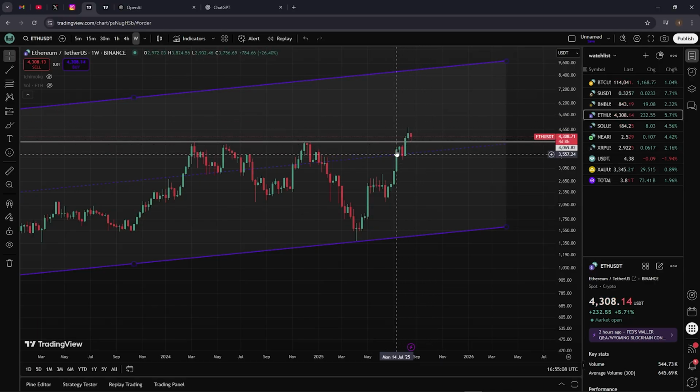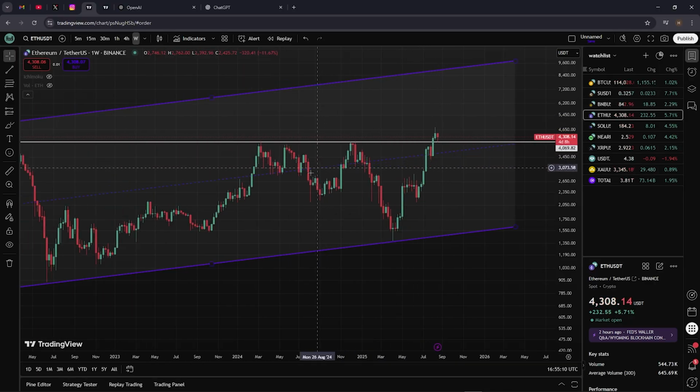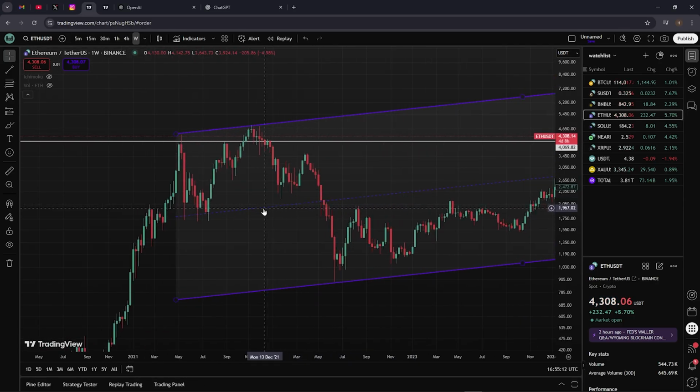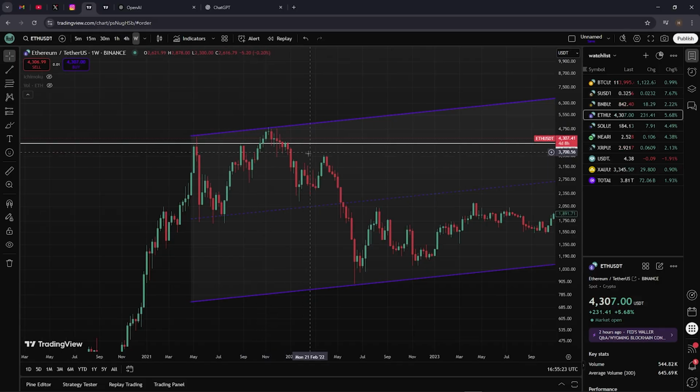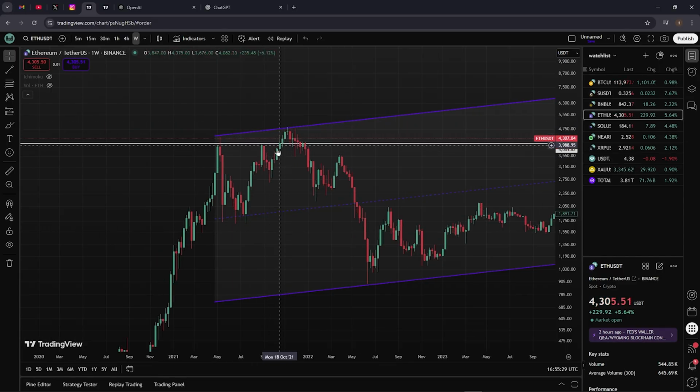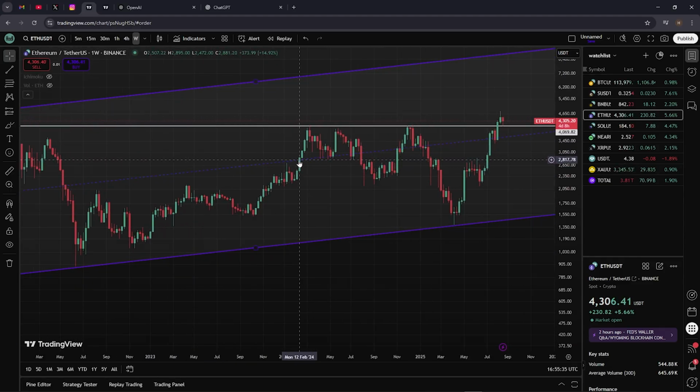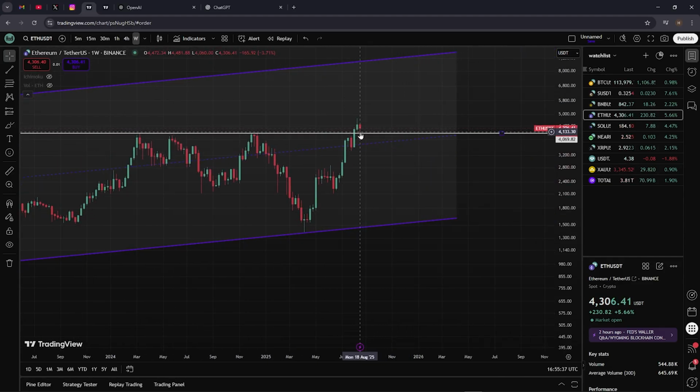This can still be a fake out, because we did this once before in late 2021, where the cycle was ending and Ethereum was at its all-time high, and it struggled to hold the 4,000 line right there. And it's doing the same thing here.